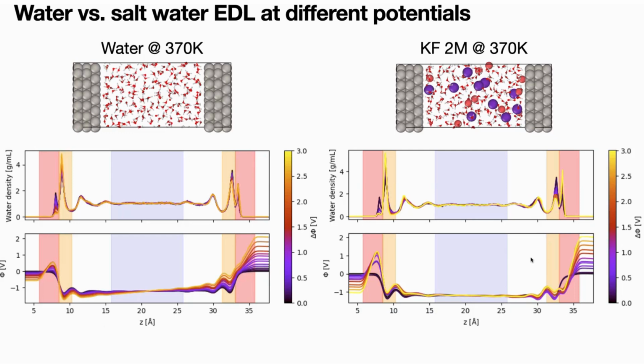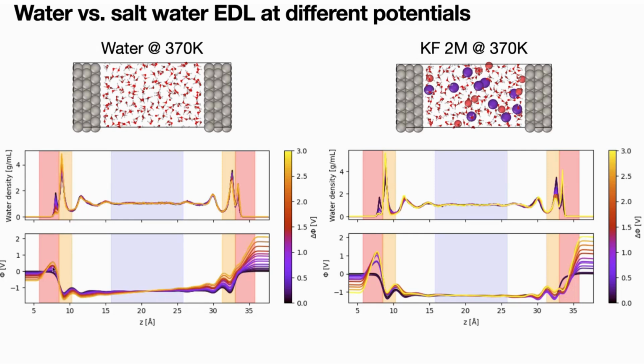We can do this, first of all, at different external potential. Here, let's just look at water. What this plot is showing, the phi of V, with phi in units of volt, is the 1D electric potential across the interface. We have the two electrodes at different electric potential, and we are looking at the potential change across the interface.